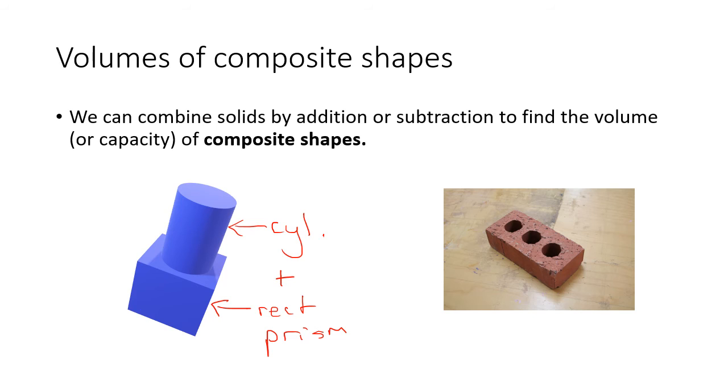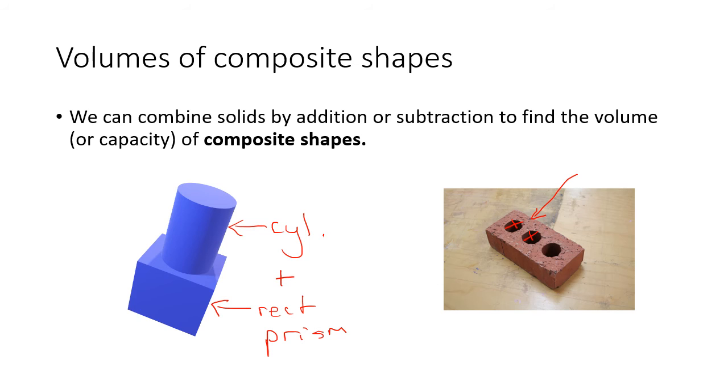about it. So one thing we've got is that there is obviously the volume of the brick itself, just very crudely, a rectangular prism. But if we wanted to know how much clay was required to actually make the brick, then we would need to subtract these circular parts here.